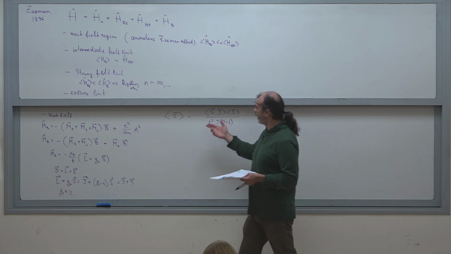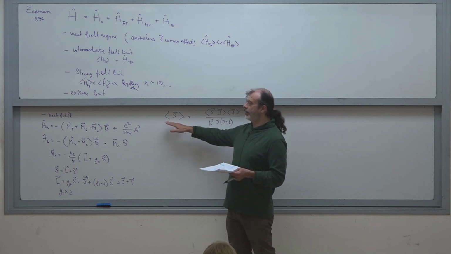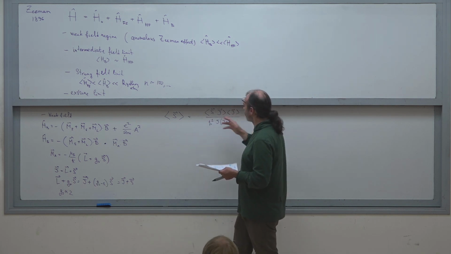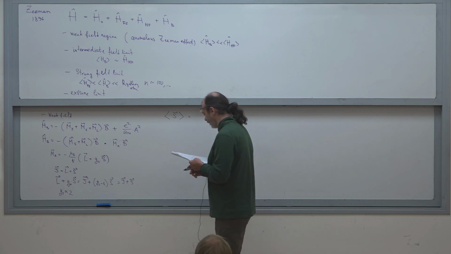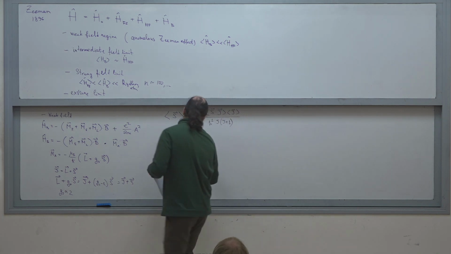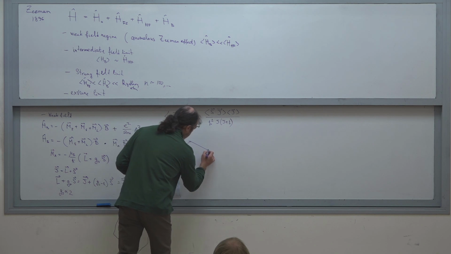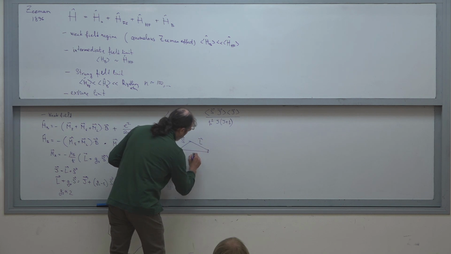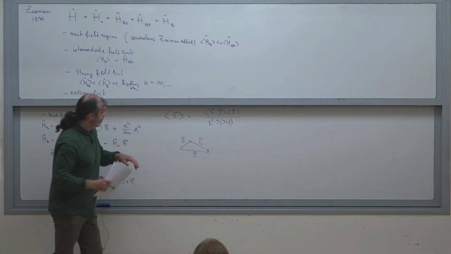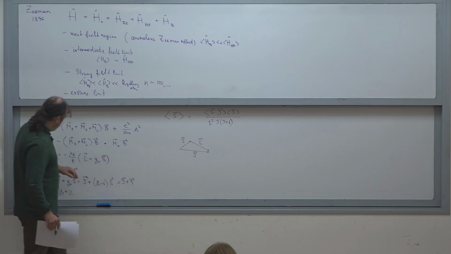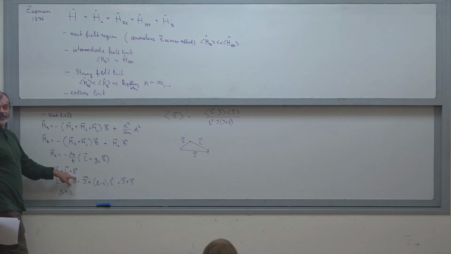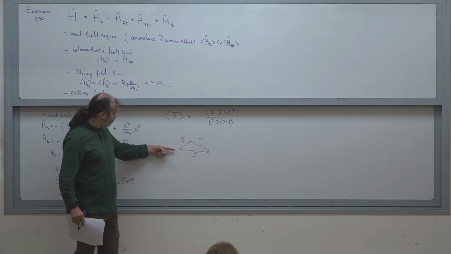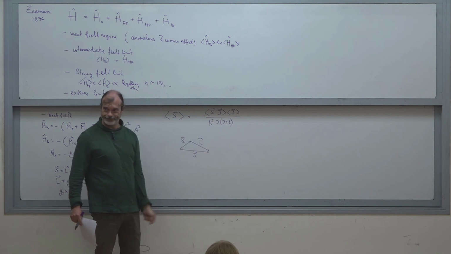It means that we can take the projection of the vector S on a certain direction. We define the J vector as L plus S, and we say that the mean value of the S vector is directed along the J vector.